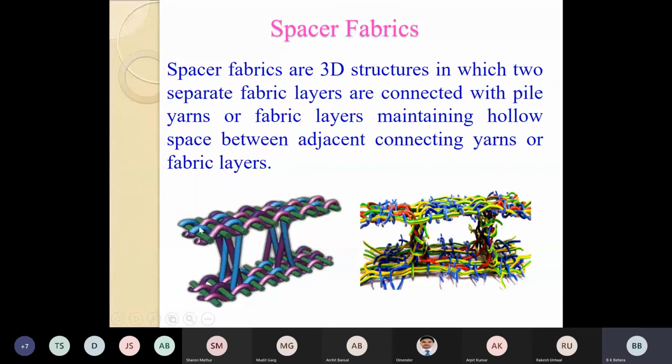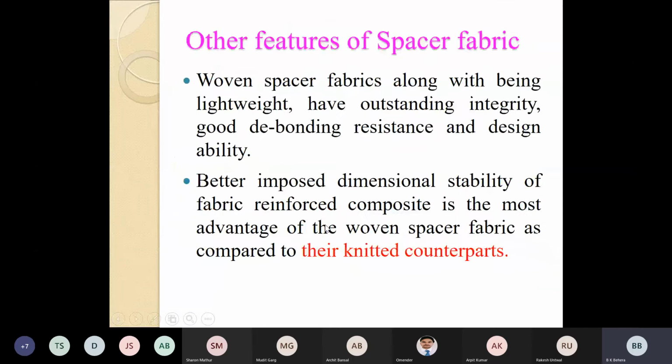This yarn is part of this skin and core supporting thread. It's not that we have used some adhesive to join it. It's not that we have stitched here. The same yarn which is making this supporting wall is also making the skin. So it is making a hollow structure by integration. So there is a structural integrity. That point is written here: outstanding integrity.